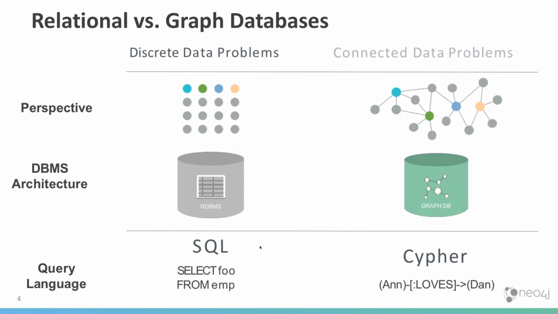So every row is a thing, columns are attributes of those things, and then you link together different tables or different types of objects in your database using joins and foreign keys or link tables. So very similar to Excel, kind of very common data storage and processing model, and you query that using SQL.